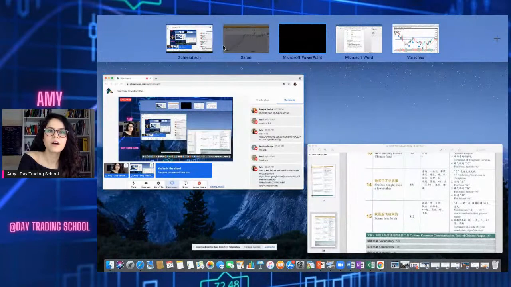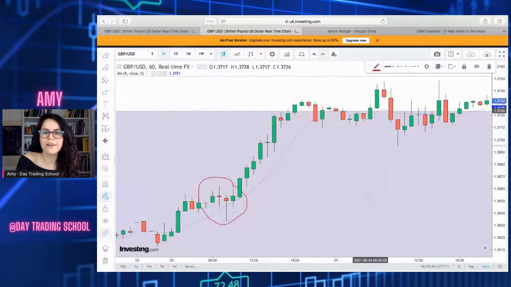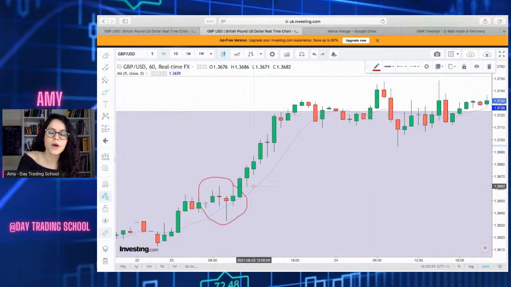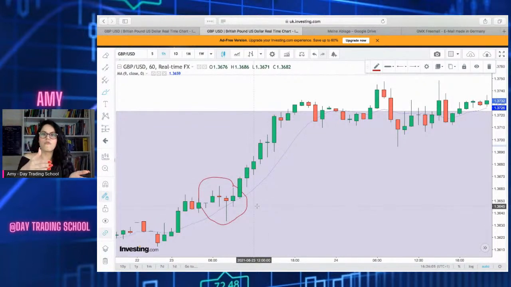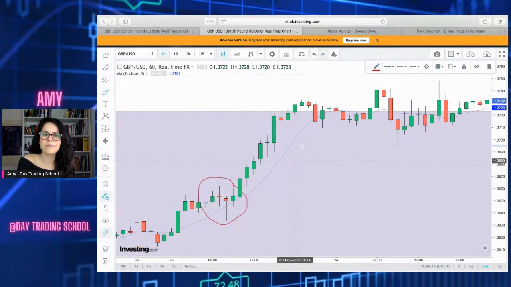For example, an engulfing pattern in a sideways movement after a day where you had a steep movement to the upside doesn't mean the same as an engulfing pattern at the beginning of an uptrend. They have a completely different meaning. So always be aware of the location.